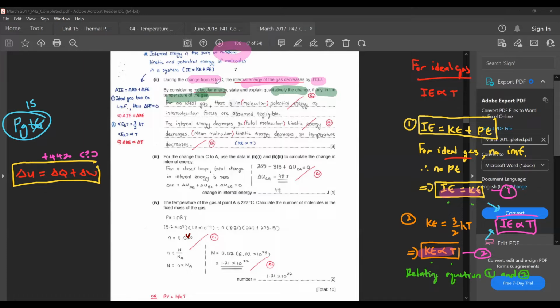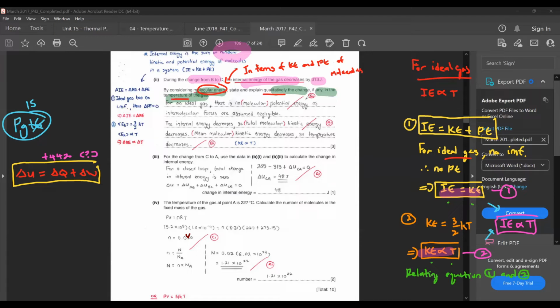Consider the molecular energy, meaning consider the energy of the molecules in terms of KE and PE. This is really implying the KE and PE of the molecules. Explain qualitatively the change in the temperature of the gas.